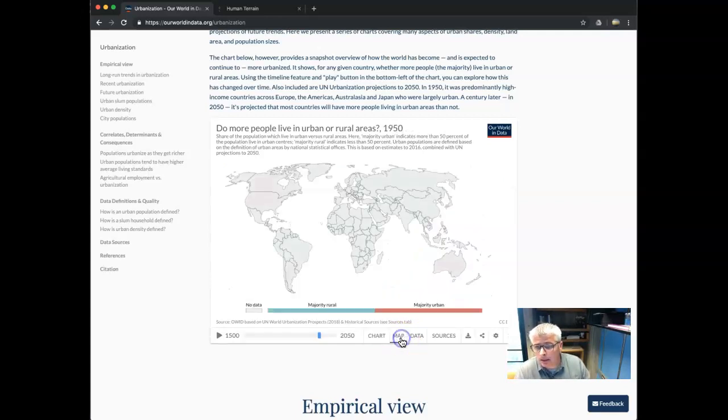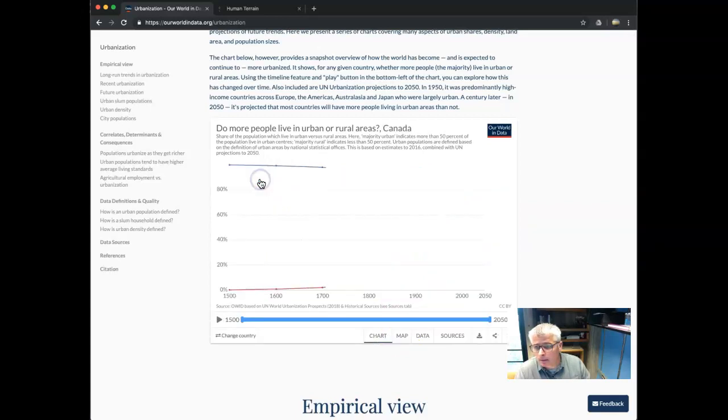Comparing that to Canada. Here we can kind of see that issue of data. These data are much less dense compared to the US. We have a data point from 1900 that has 37% urban and 63% rural. And it jumps to 1950.